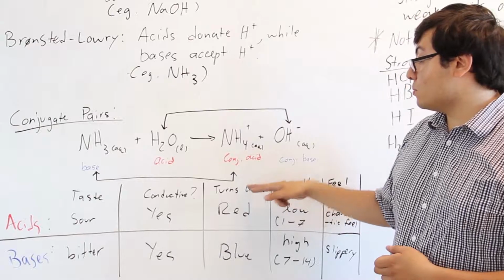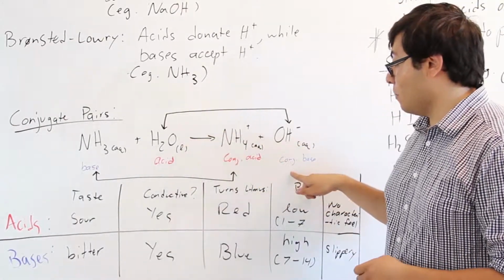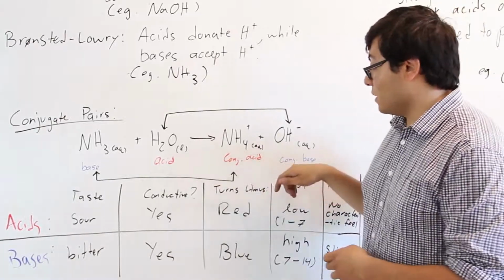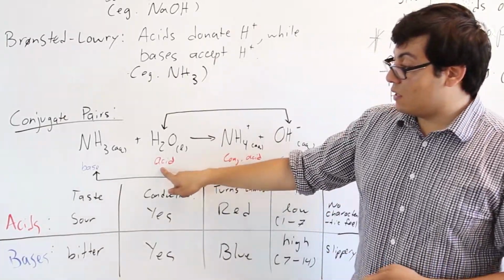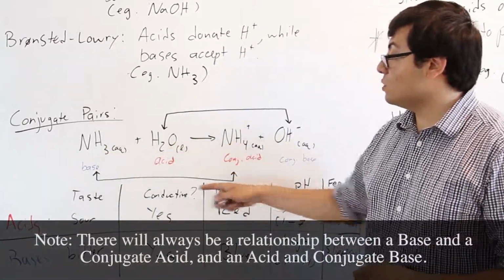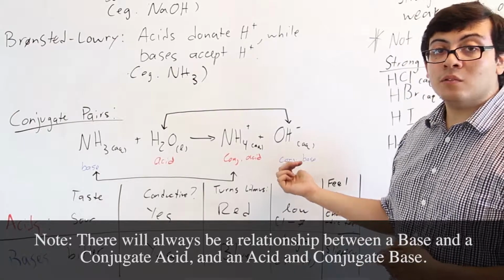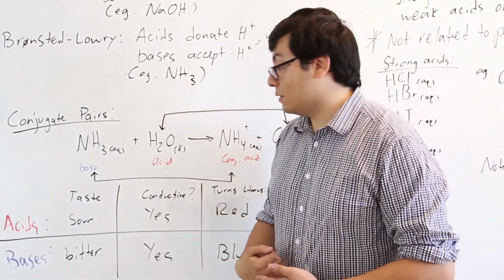It's going to donate that H+ to hydroxide, OH-, to become water. So our conjugate base over here is related to the acid. Just note that there is always going to be a relationship between a base and its conjugate acid, and the acid and its conjugate base. We'll get into that more in a second.